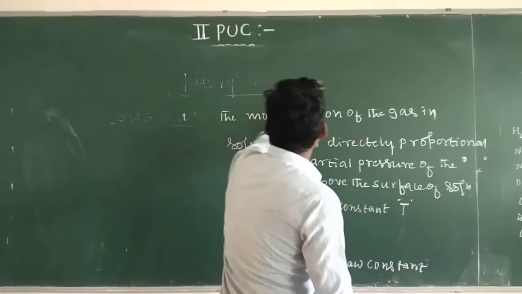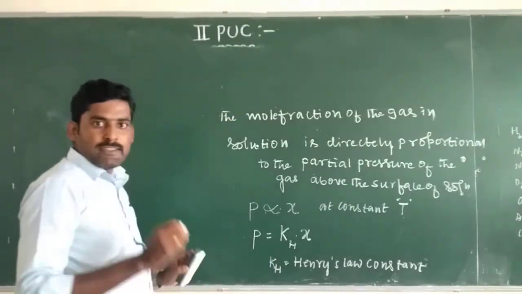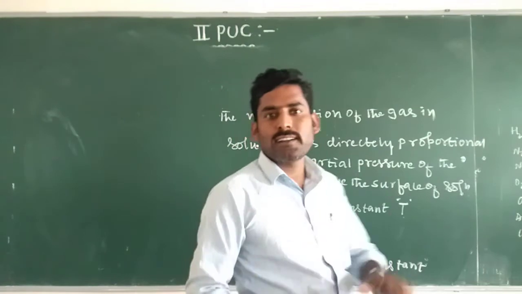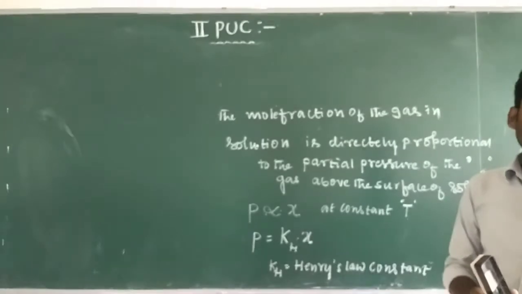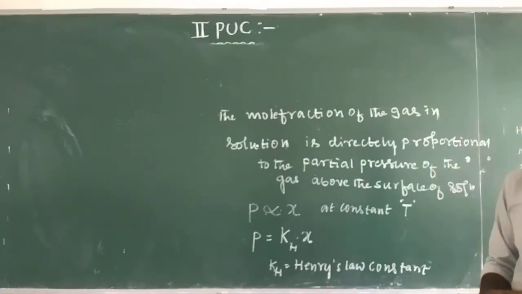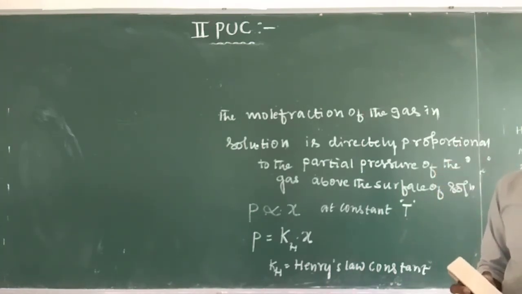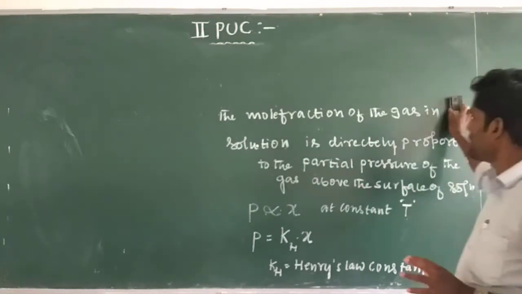Henry's law also states that at constant temperature, the solubility of a gas in liquid or solution is proportional to the partial pressure of the gas above the surface of the solution.